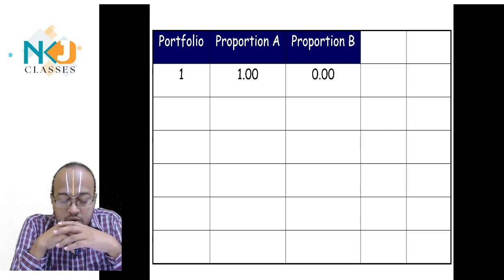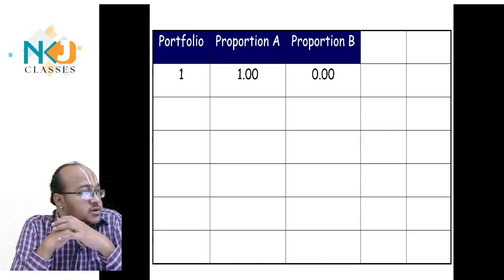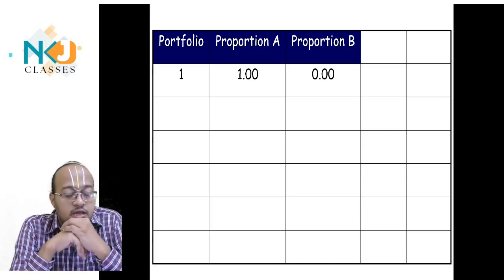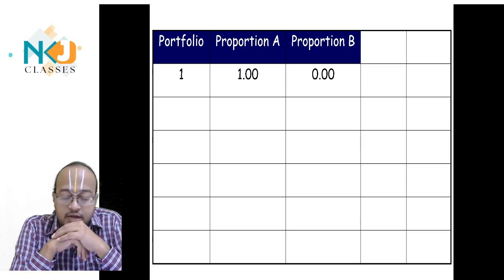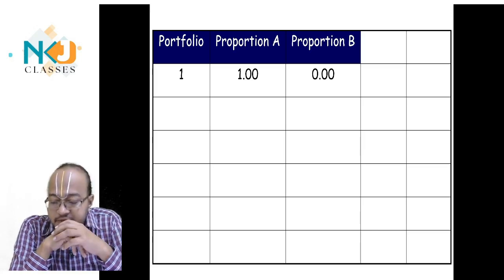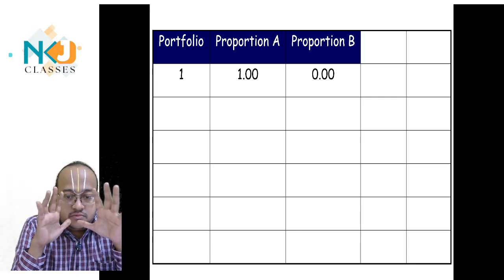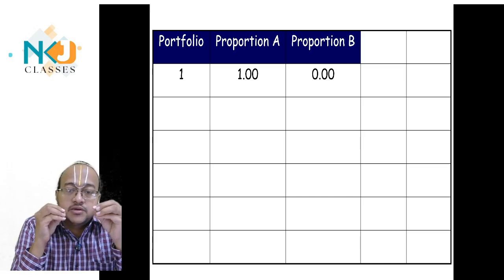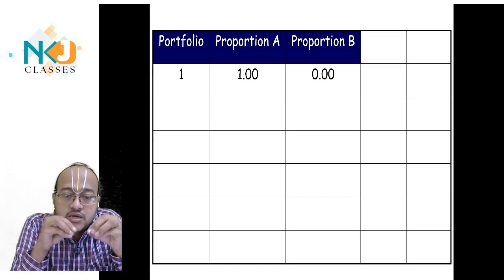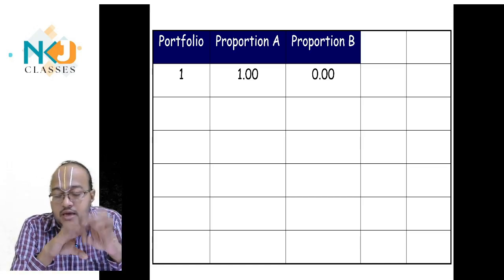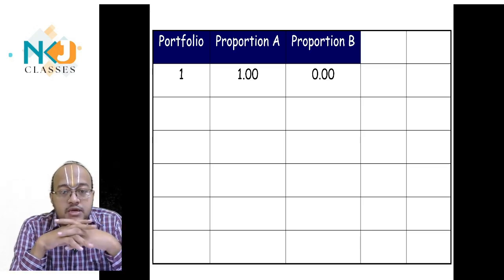Now, for example, in our portfolio 1, can you all see the PowerPoint there? In portfolio 1, the proportion of A is 100%, which means we don't use security B at all, correct? 100% of your money is invested in security A. In that case, what will be the risk?